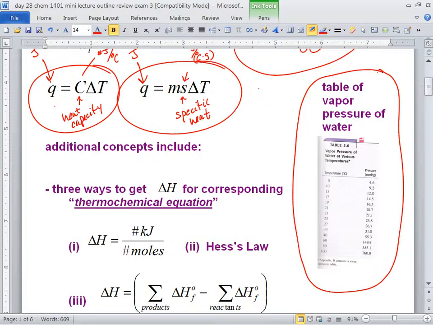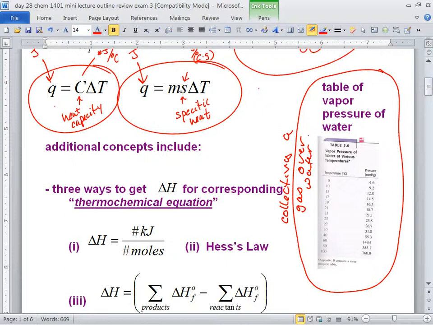Exactly. That's when you had to use this. And this is pretty much where we started out with Sydney's question. She might have been thinking about this. There's a reaction, and you're collecting this gas over water.